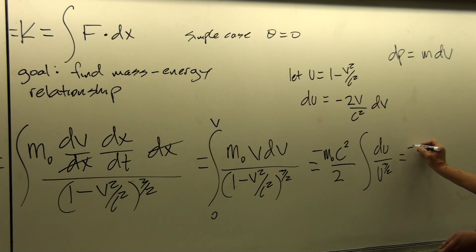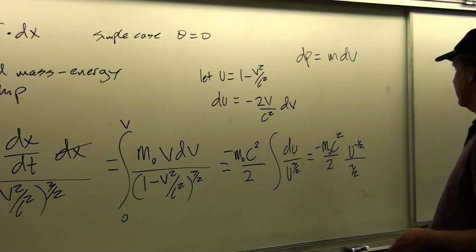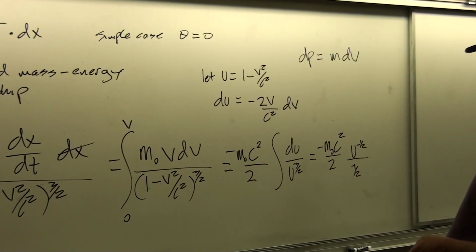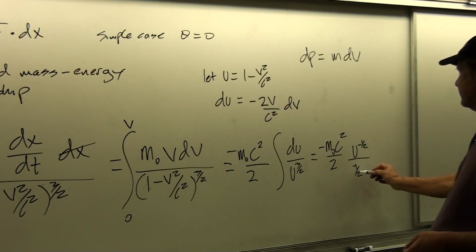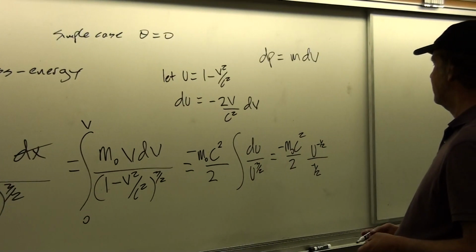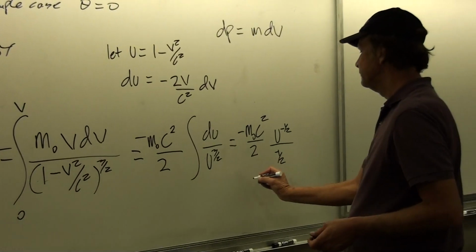So that's minus m naught c squared over 2 times u to the minus 1/2 power divided by minus 1/2. But the same thing as dividing through by minus 1/2 is the same thing as multiplying through by minus 2.